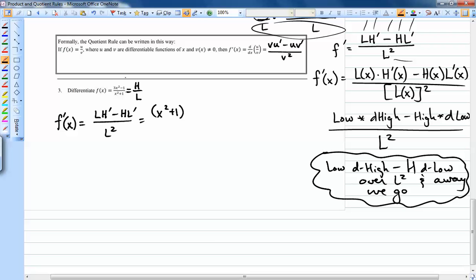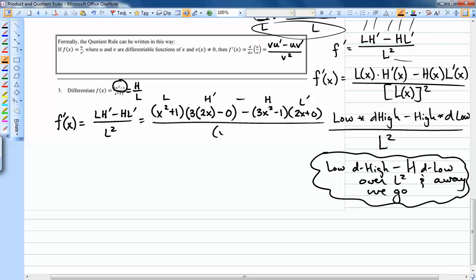The derivative of the high is the derivative of this thing, so that ends up being 3 times the derivative of x squared, which is 2x, minus the derivative of negative 1, which is 0. So that's low d high, minus high, which is 3x squared minus 1, times the derivative of low, which is 2x plus 0, all over low squared, so x squared plus 1, all squared.